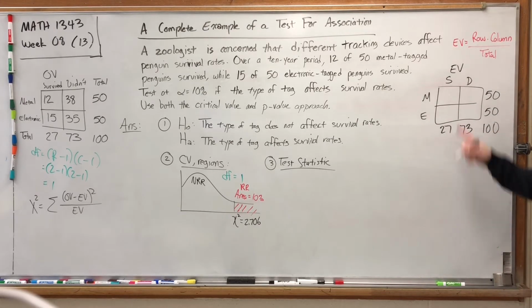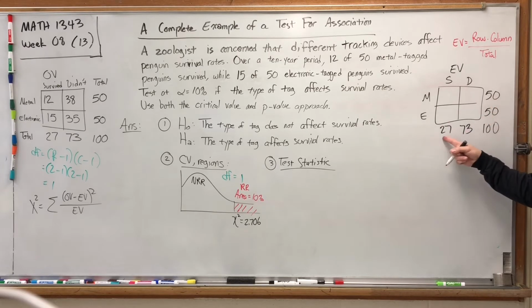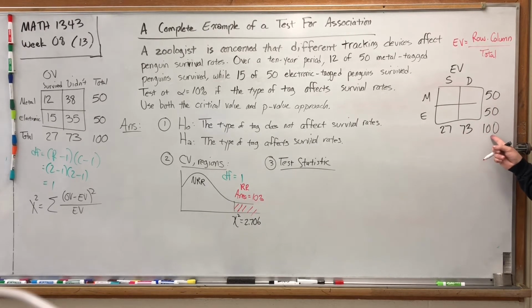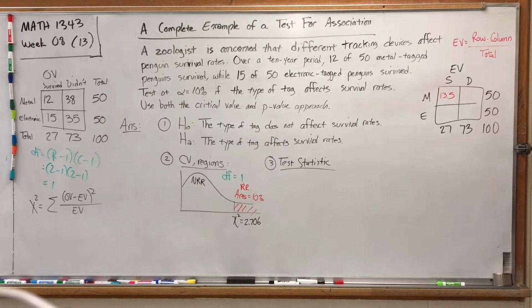So, for the first cell, we multiply 50 times 27 and then divide that by 100. I actually don't need a calculator for that. 50 times 27 divided by 100 is 13.5. How did I do that? Because I switched up the order.